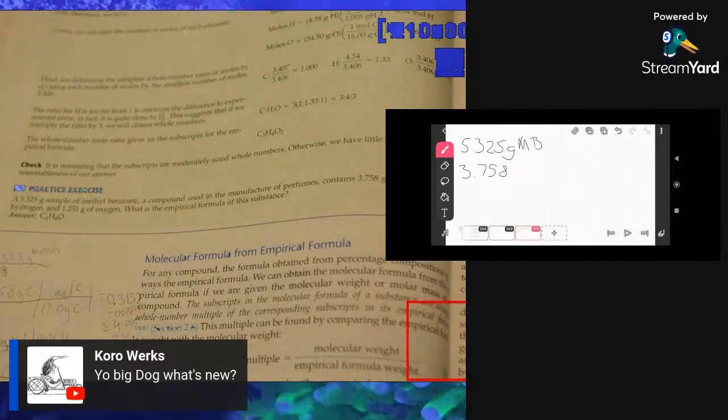I'm just gonna write a C for carbon, and 0.316 grams of hydrogen, and 1.251 grams of oxygen. The empirical. Okay, so those are all the numbers we got, right?